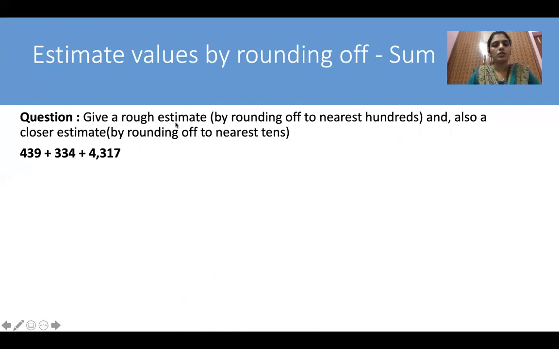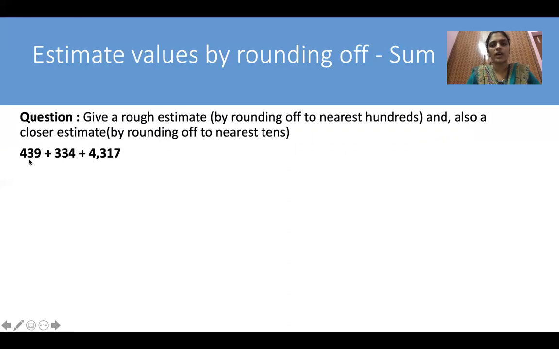So here is a question. We have to find their estimated sum. Here we have three numbers and we have to find the estimated sum by rounding off to the nearest 100 and also rounding off to the nearest ten. Let's take the first number, 439.